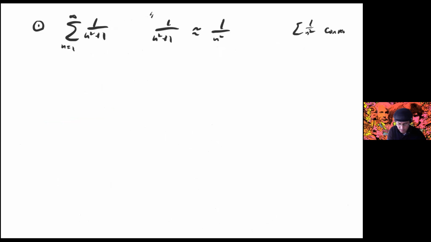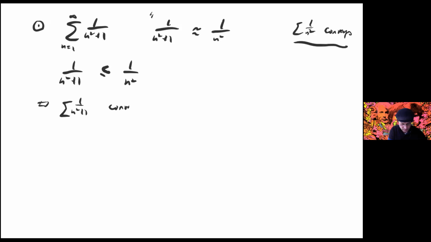So maybe we can compare the two. And it is true that 1 over n squared plus 1 is less than or equal to 1 over n squared. And since summation 1 over n squared converges, that implies summation 1 over n squared plus 1 converges. Okay, that works.